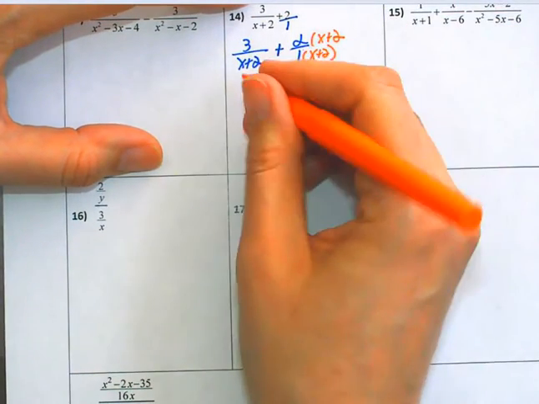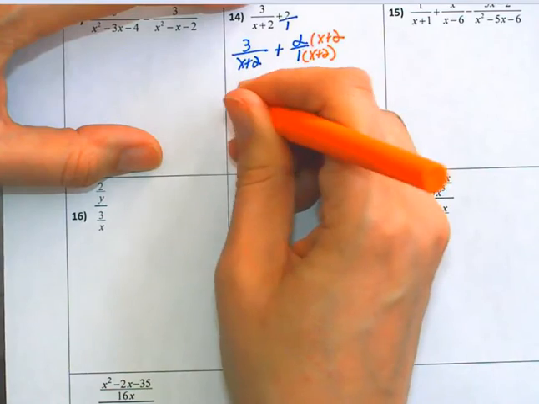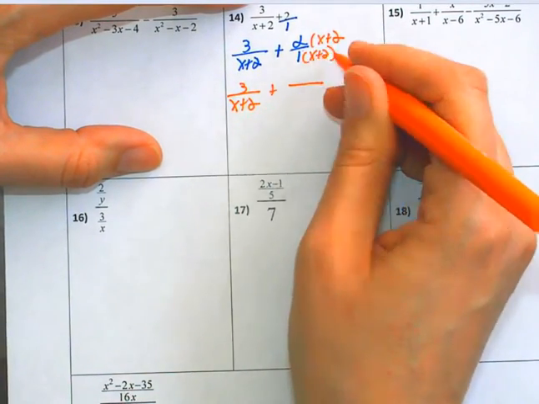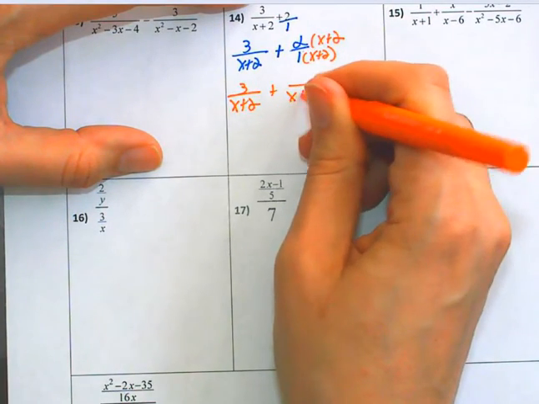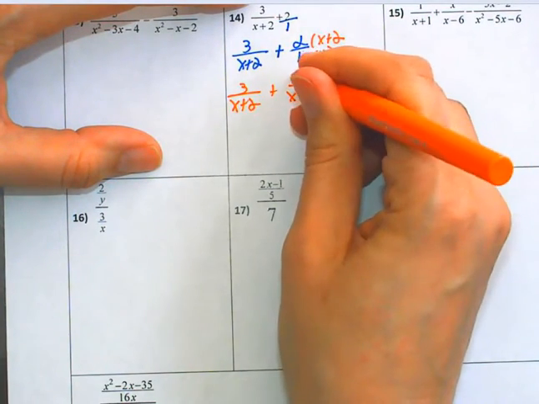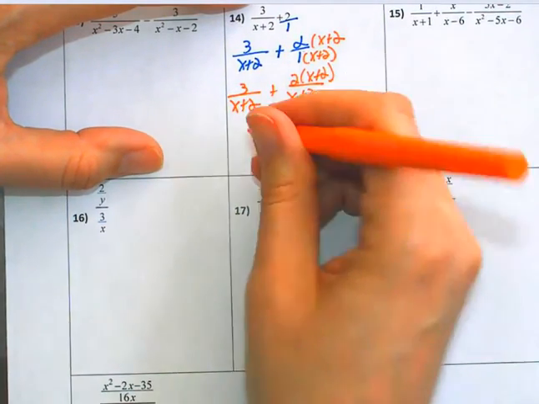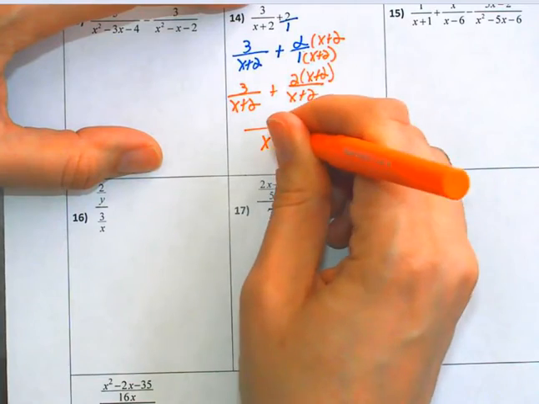Okay, so I'm going to rewrite. I still have 3 over x plus 2 over here, and then I multiplied this by x plus 2. Remember, if I do it to the denominator, I have to do it to the numerator, so that gives me 2 times x plus 2. So now I can perform the operation over x plus 2.